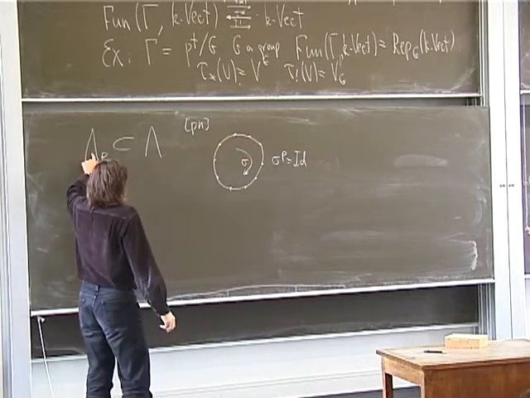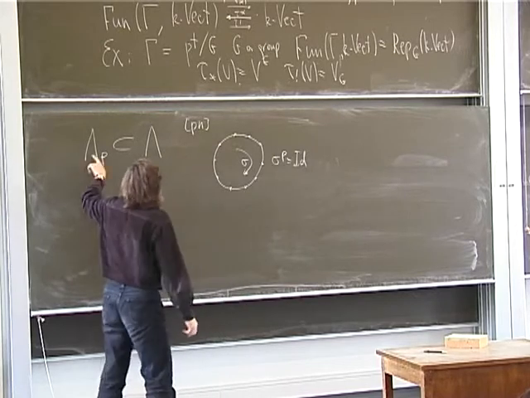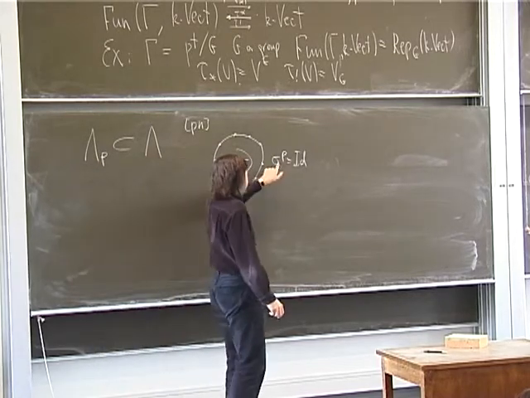So my lambda p by definition has these objects, and the maps are those maps which commute with this sigma.